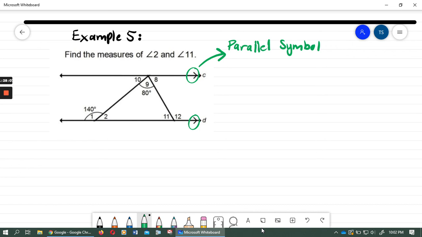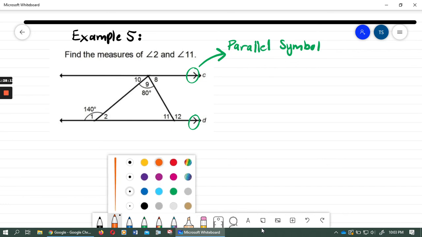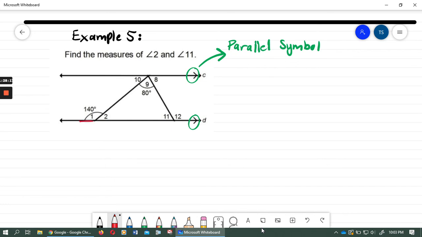Well, not the only thing, but the most simple thing for us to do initially, y'all, is to use this thing right here. Y'all see these two angles right there? That's a linear pair that adds to 180 degrees, right? That's supplementary.